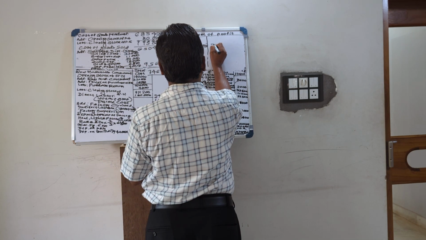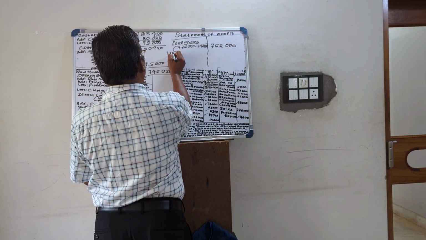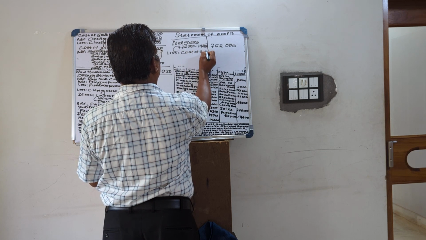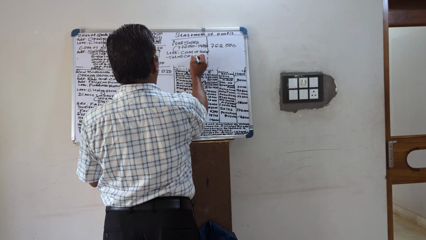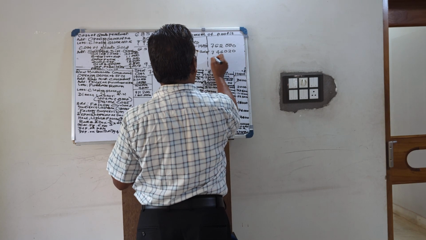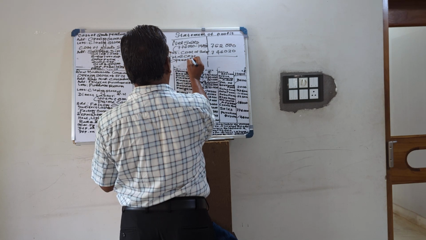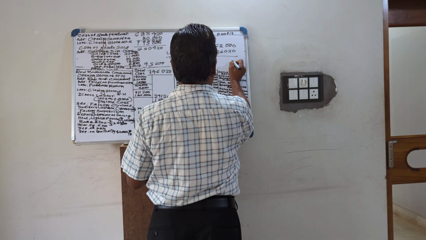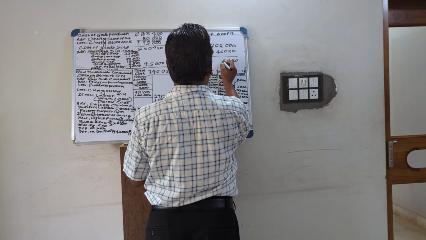So net sales is 7,62,000, less cost of sales or total cost, that is 7,46,020. So operating profit is 15,980.